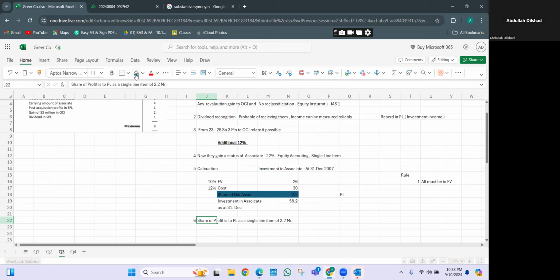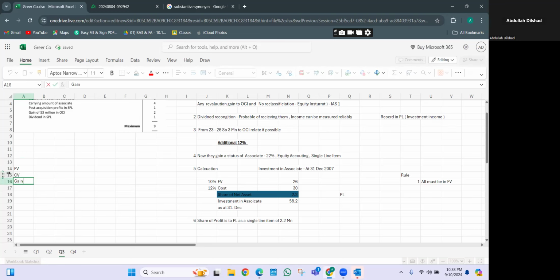To find out the gain or loss, I told you, when you have a step up acquisition, you need to find out a gain or loss. How do you find the gain or loss? Fair value versus carrying value.